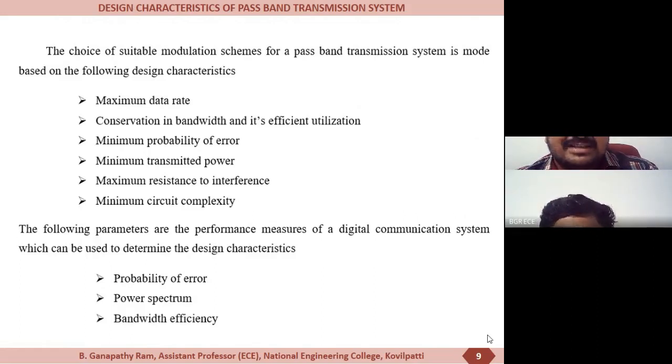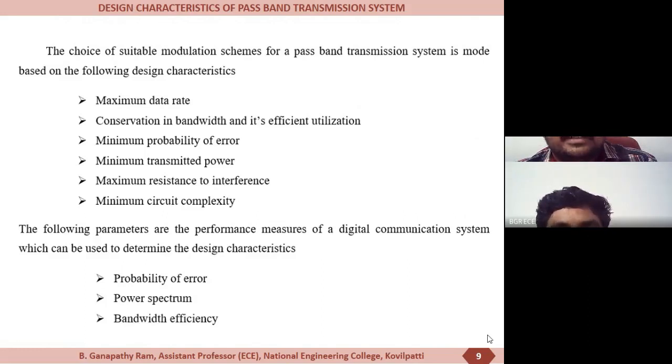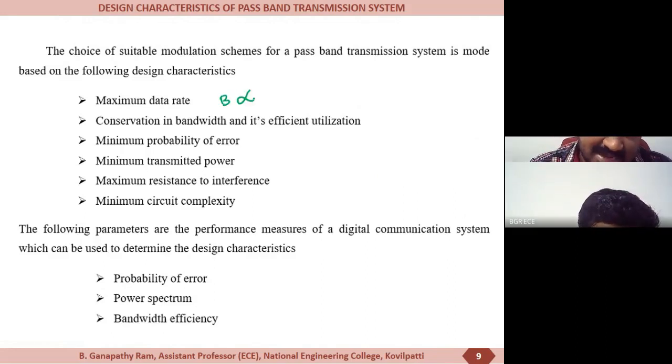Based on these, the design characteristics are specified. The first design characteristic is the maximum data rate, which creates another impact on the channel bandwidth, because bandwidth is directly proportional to the data rate of the system.